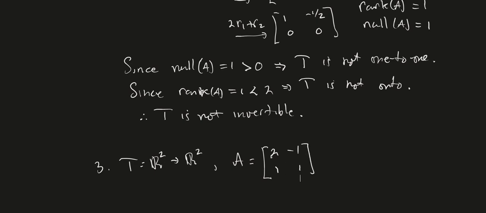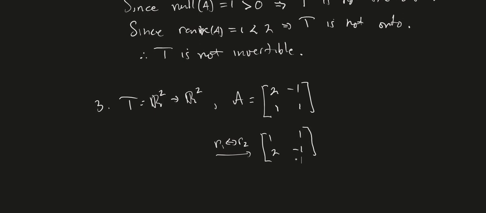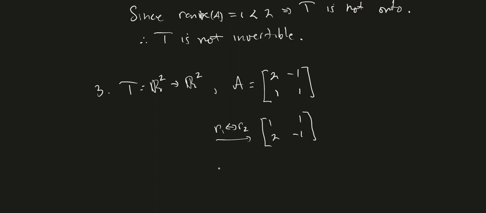Now if we go ahead and reduce this, I'm going to swap these two rows. So if I do row 1 swapped with row 2, that produces 1, 1, 2, negative 1. And then if I do negative 2 times row 1 plus row 2, this gives me 1, 1, and then 0, negative 3.